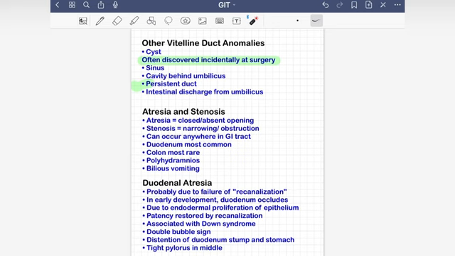As I told you, the duodenum is the most common location for atresia, but it can rarely occur in the jejunum, the ileum, and the colon also.